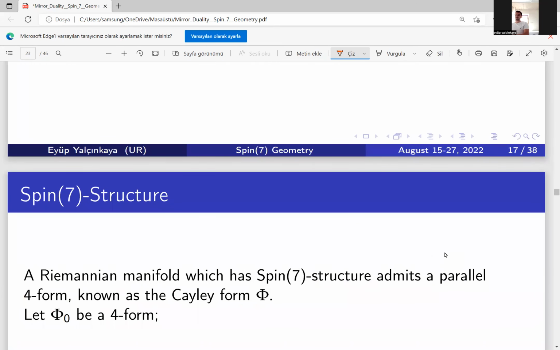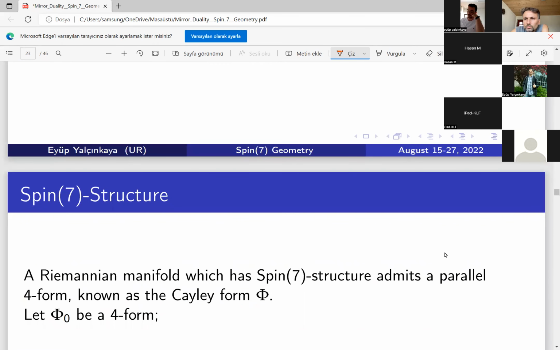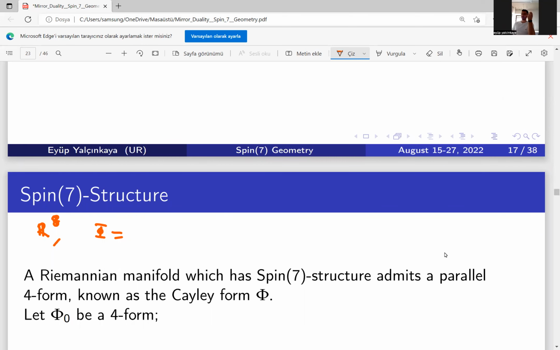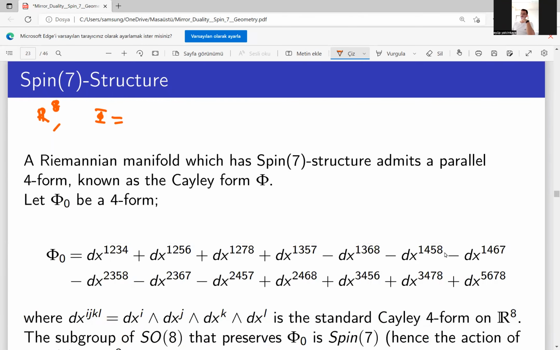The trivial one actually for Spin(7) is R^8. That's R^8. Okay, and you have the 4-form, and this 4-form is actually directly defined here.